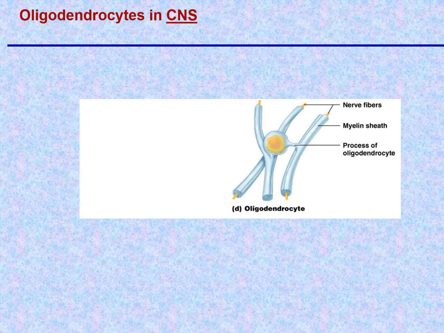So part of its cytoplasm is going out and then wrapping around this nerve fiber extension, and this one here is wrapped around there and there and there. That cylinder that it forms wrapping around those extensions of neurons or nerve fibers is called the myelin sheath.